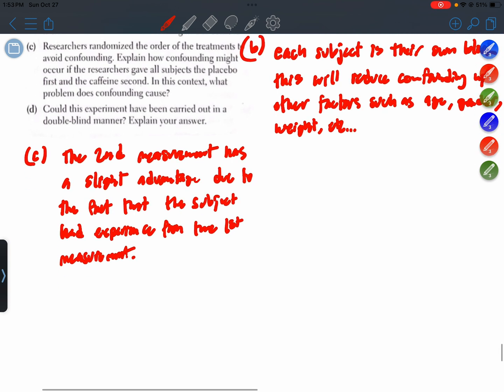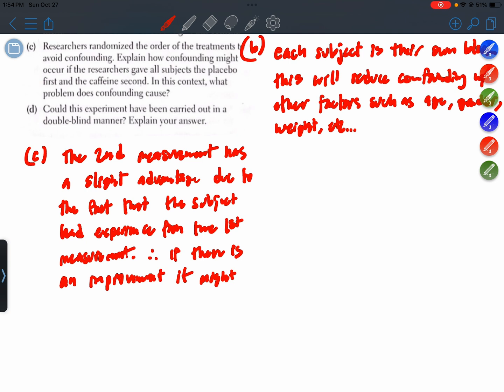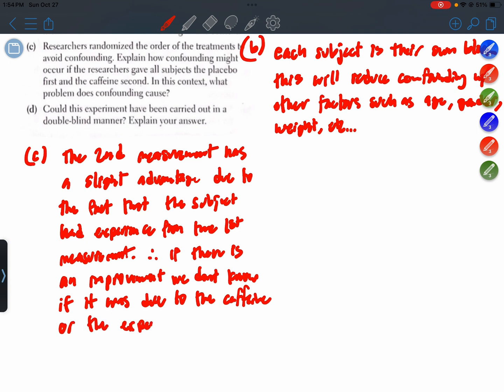Therefore, if there is an improvement, we don't know if it was due to the caffeine or the experience.